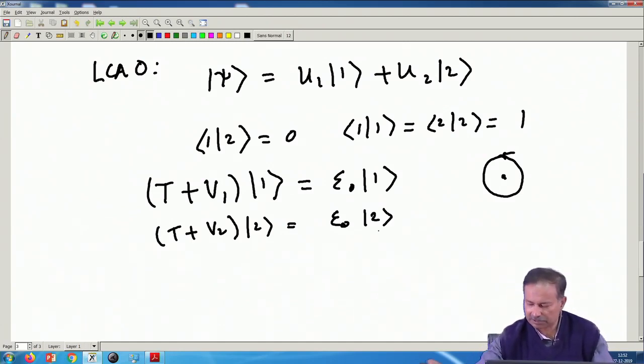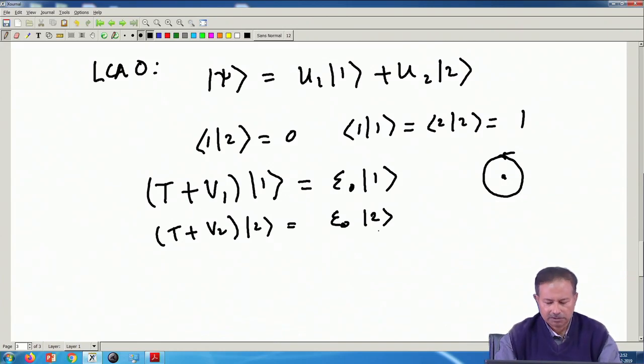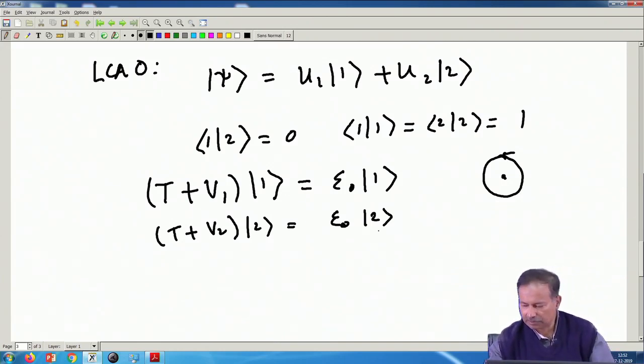In this approximation, φ1 and φ2 are the ground state wave functions of the separated atoms 1 and 2, and then we have chosen them to be orthogonal.